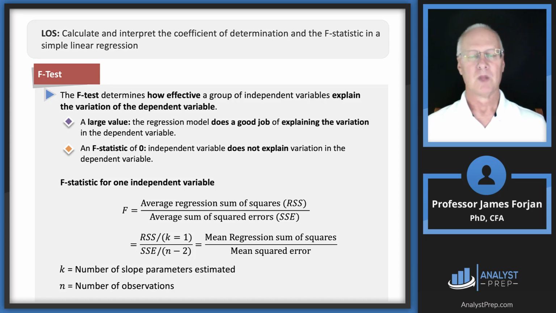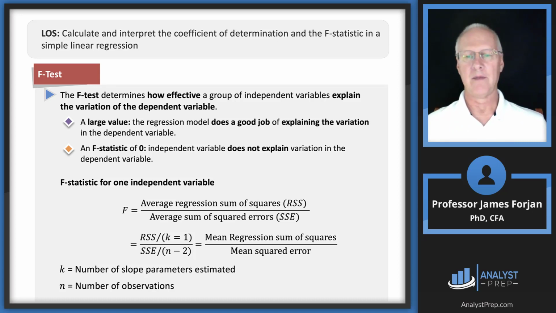Okay, so there's our good old formula for the F-statistic. Remember what I said earlier, we're going to use the analysis of variance table to come up with the F. Essentially it's the ratio of what you have in those two far right-hand columns, the mean regression sum of squares over the mean squared error.